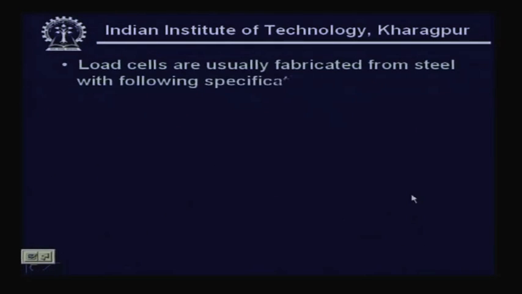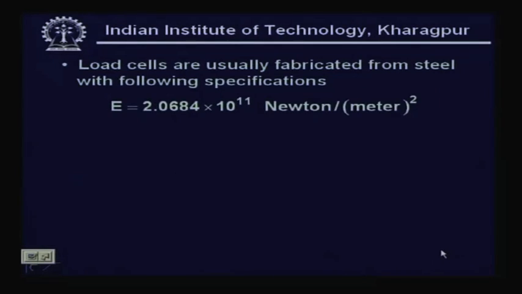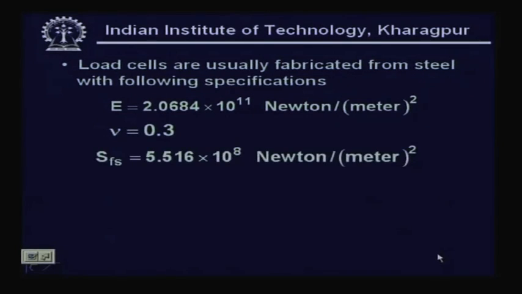Now, load cells are usually fabricated from steel with following specifications. So, E Young's modulus is 2.0684 into 10 to the 11 newtons per meter square, nu equal to 0.3 Poisson's ratio, fatigue strength equal to 5.516 into 10 to the 8 Newton per meter square, lambda equal to 2 for the advance.